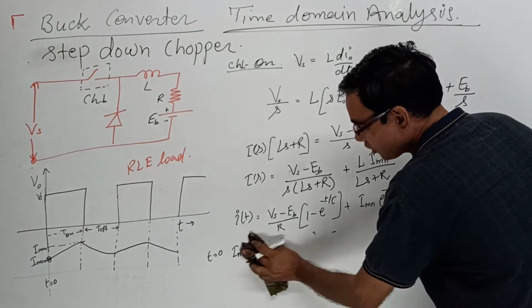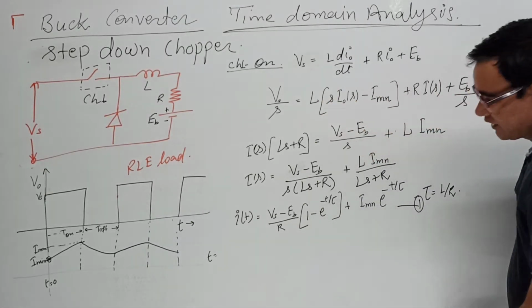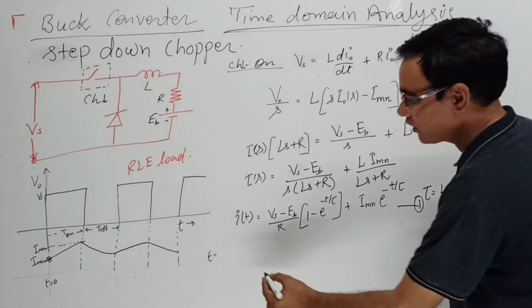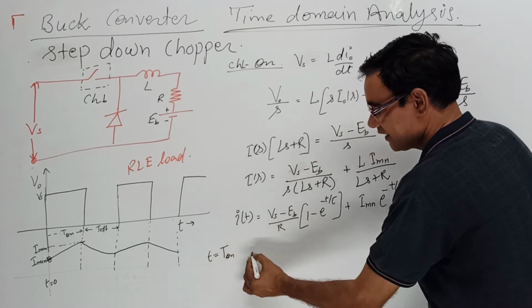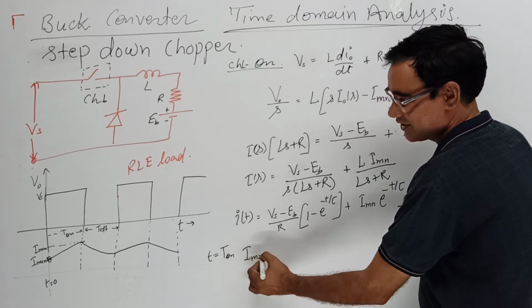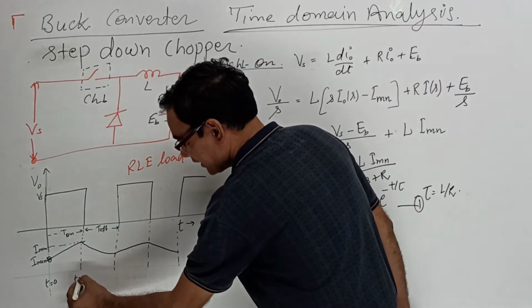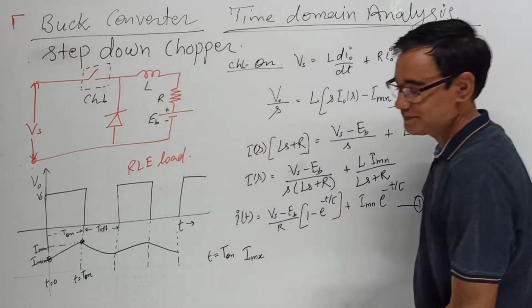Now, to find the proper solution, I'll put t equal to T on. Then I becomes I maximum. When you put t equal to T on, the value of the current is I maximum.